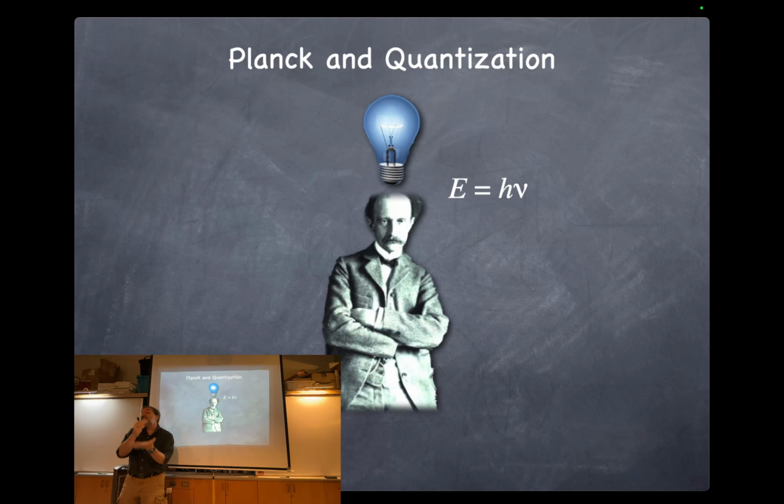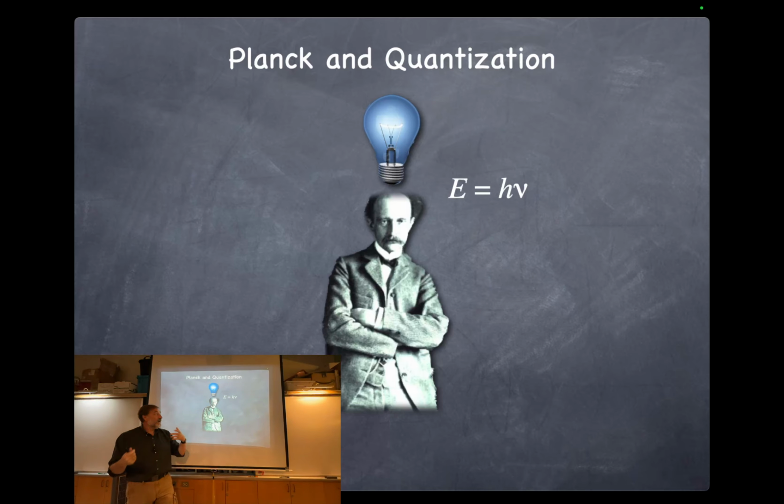In fact, that's how they figure out Planck's constant. They say, what does this value have to be to make the classical equipartition theorem match reality? And it turns out that this shows up all over the place. There apparently is a smallest you can have in the universe, and that smallest you can have is measured by Planck's constant.